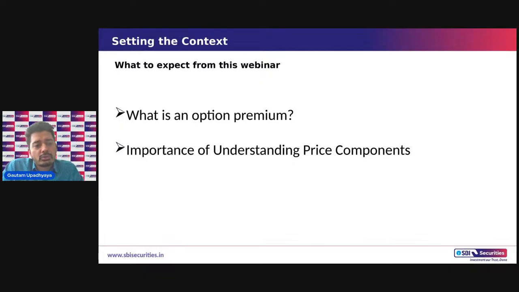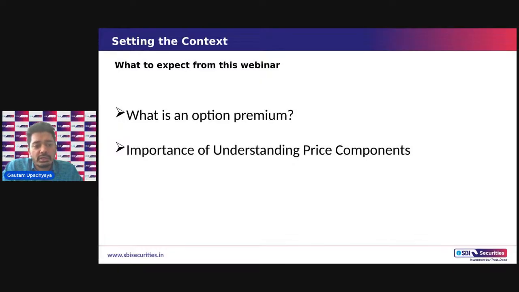Yeah, so coming to the important concepts in today's trading session. तो option premium basically क्या है? See, this is more of a basic session compared to some of the other advanced sessions that we have taken. But it covers important concepts that anyone who's trading in index options should basically know.